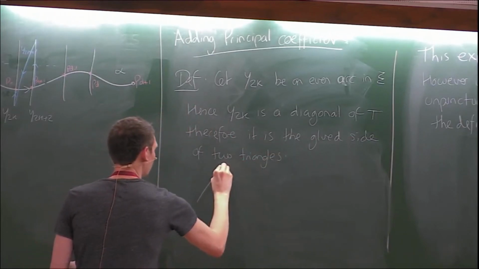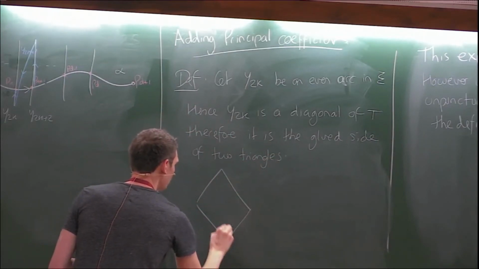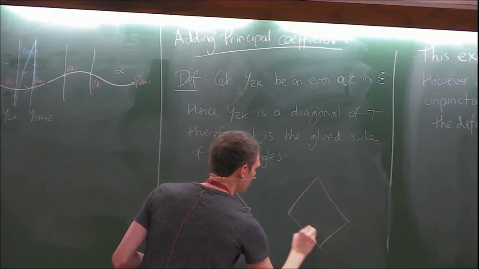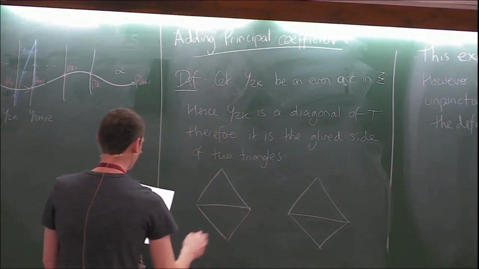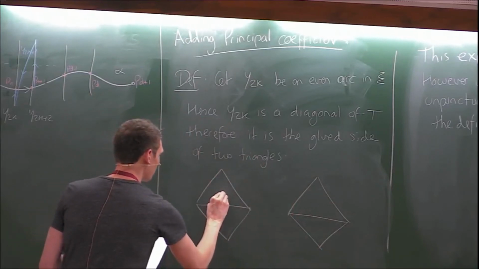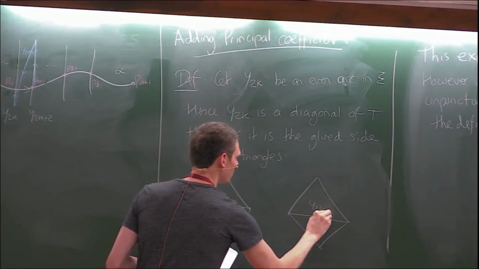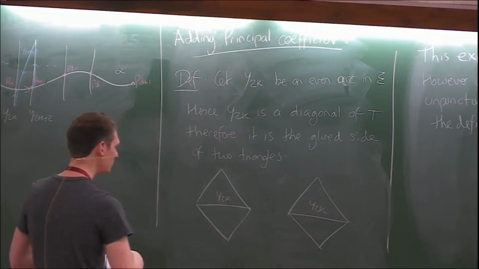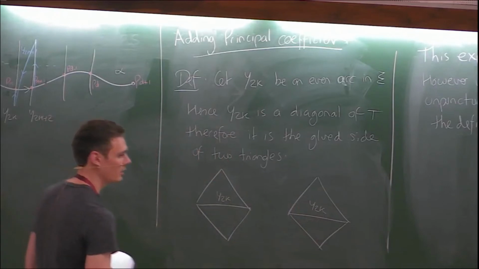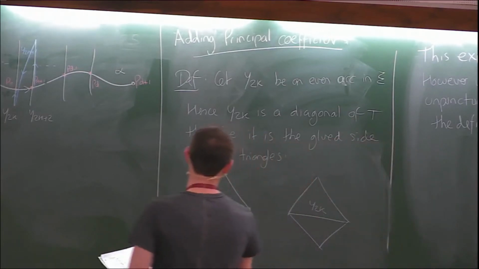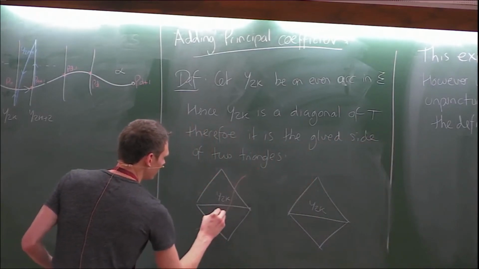Okay. So we'll draw the two possibilities here. It's the glued side of two triangles, so this guy is gamma 2k. And alpha is crossing our surface like this, say.